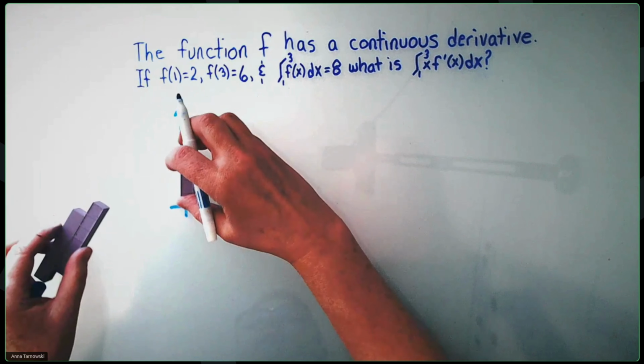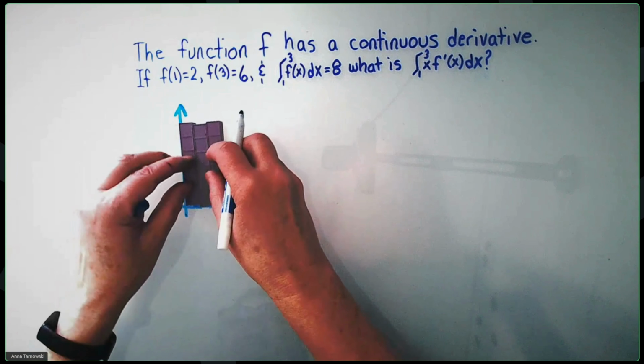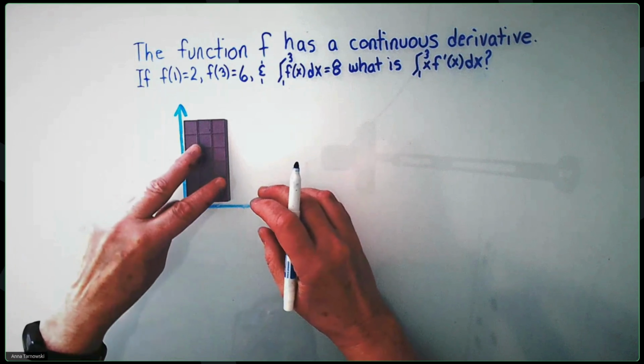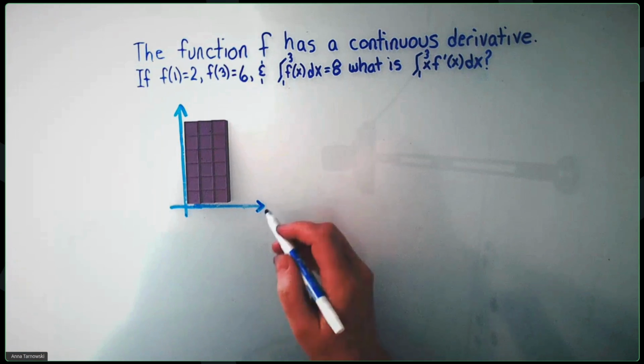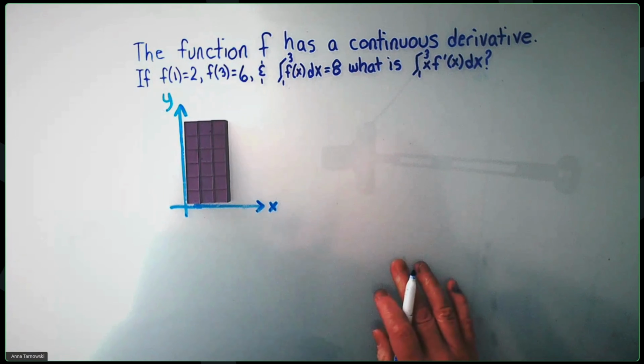Okay, so this would be our xy plane. Just put that up like that so you can see it. It's not totally straight, but it doesn't really matter. So this is our x and our y.